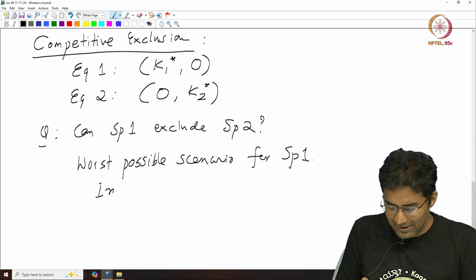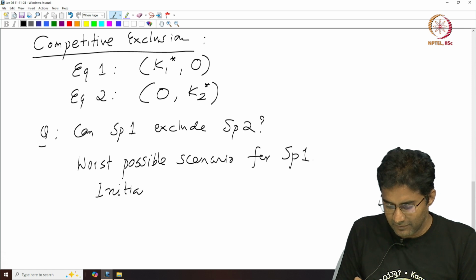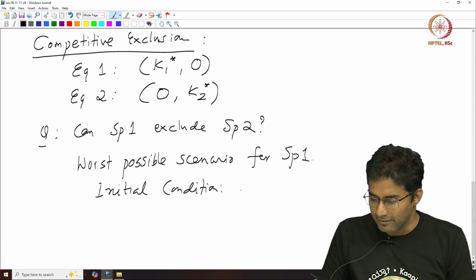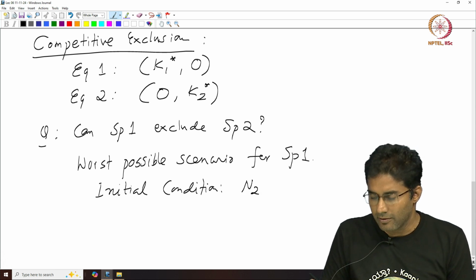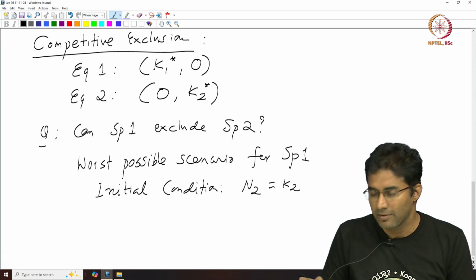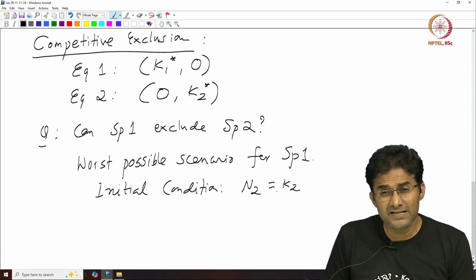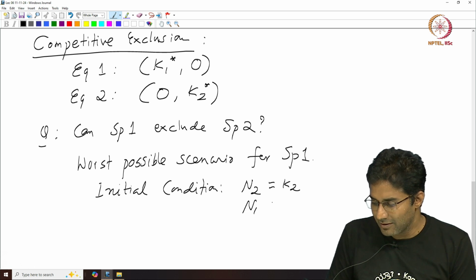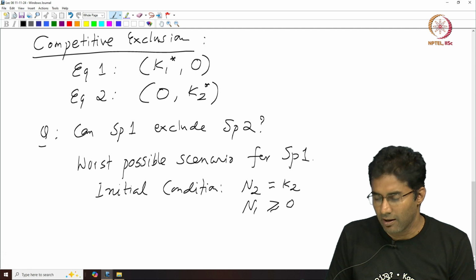Basically the initial condition is such that the entire system is occupied by species 2. Species 2 is at carrying capacity, whereas species 1 is close to 0, hardly present.